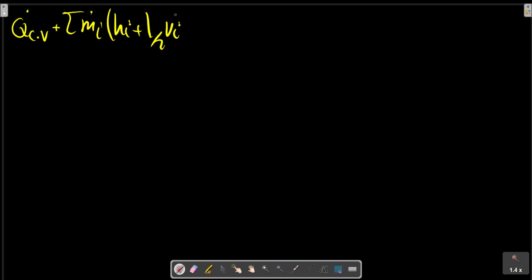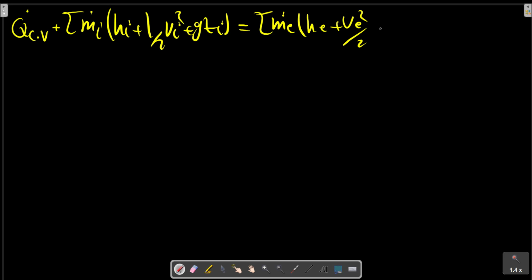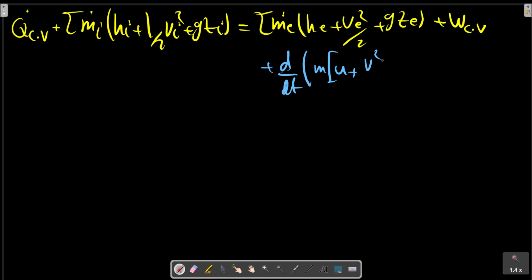Replacing into the relation before, we have this equation for the first law, plus m dot i h_i, m dot e h_e, plus W control volume, and plus the transient term d/dt of m (u plus V squared over 2 plus g z) of the control volume.